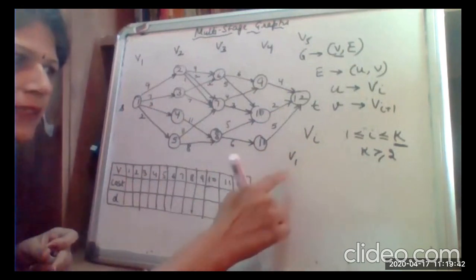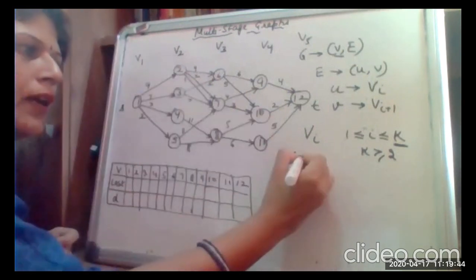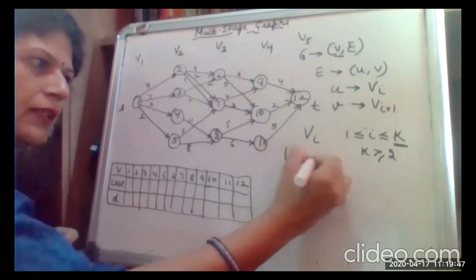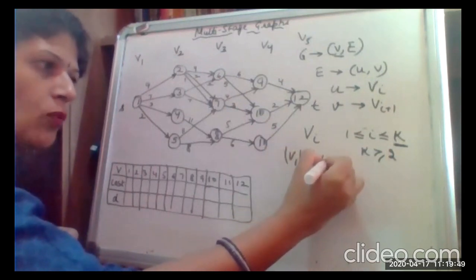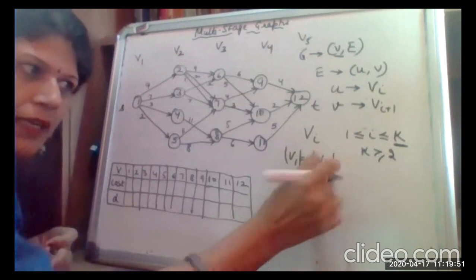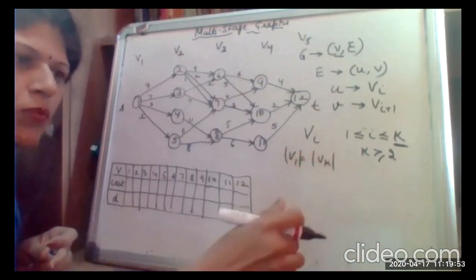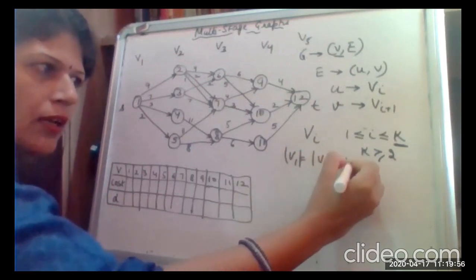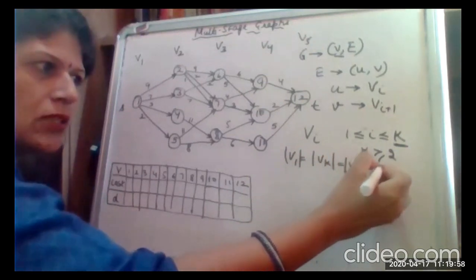As we can see here, V1, the vertex set 1, is equal to the vertex set K. K in our case is equal to 5, so V5, and the size of this is 1.